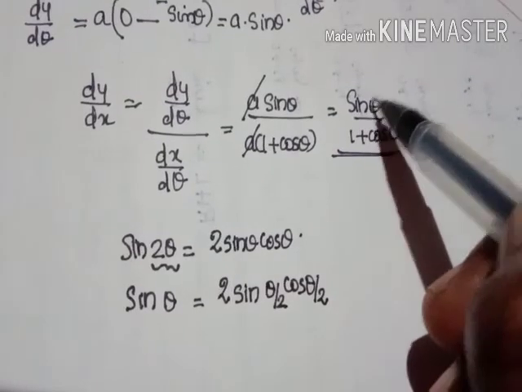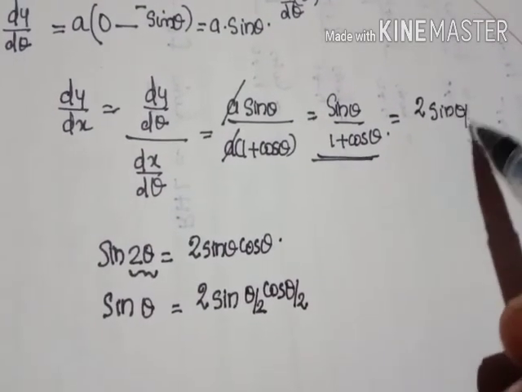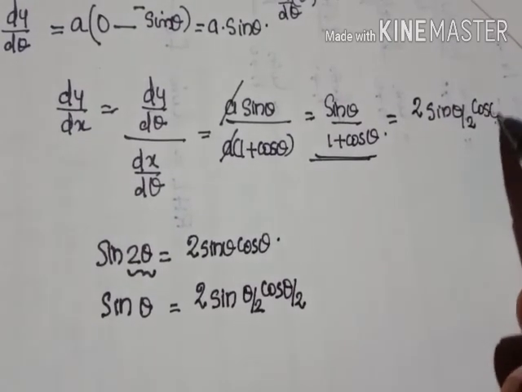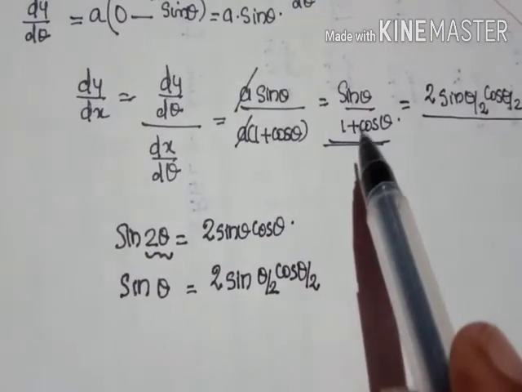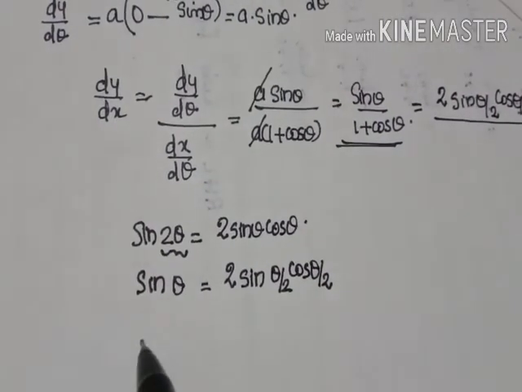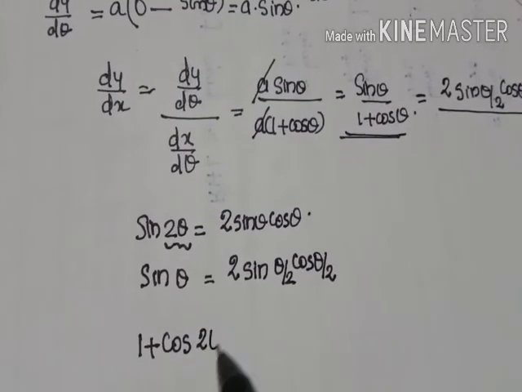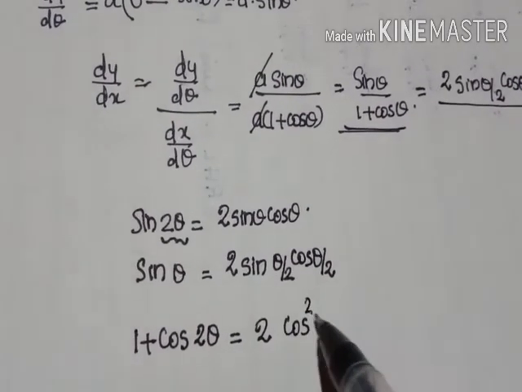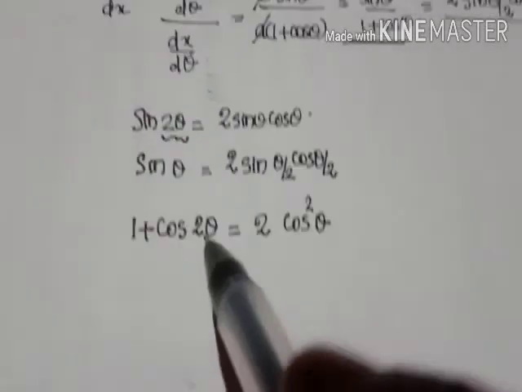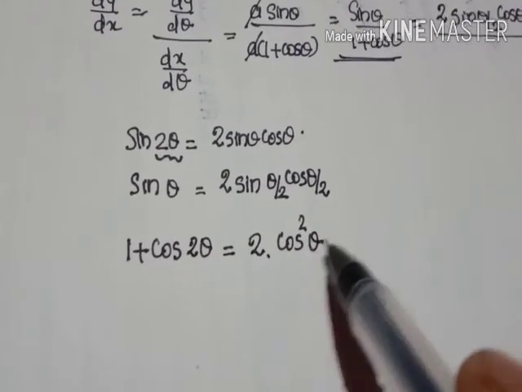So replace sin theta as 2 into sin theta by 2 cos theta by 2, divided by, similarly, 1 plus cos theta. We have a result: 1 plus cos 2 theta is 2 cos square theta. 1 plus cos 2 theta equal to 2 into cos square theta.